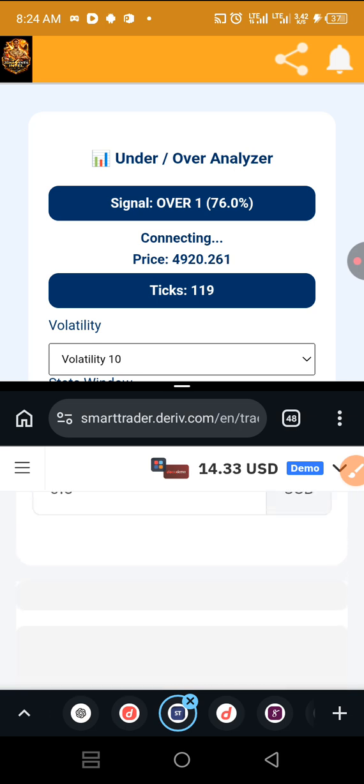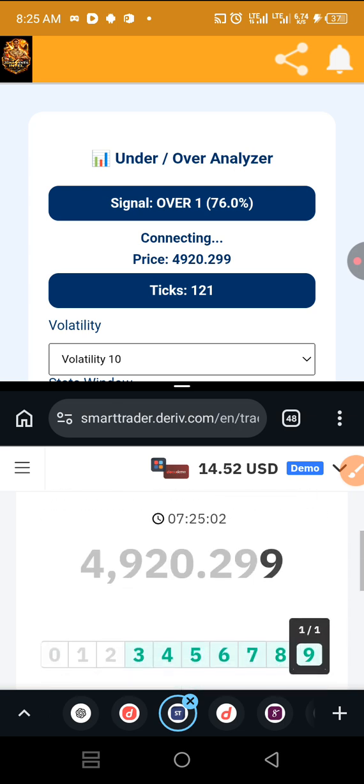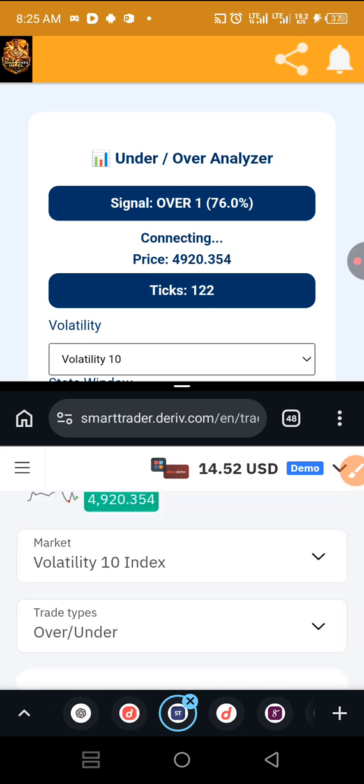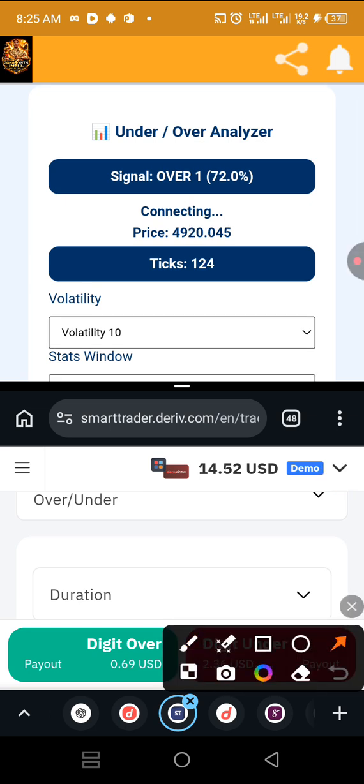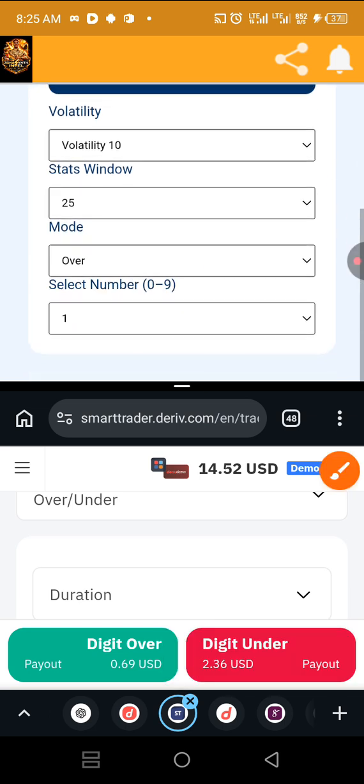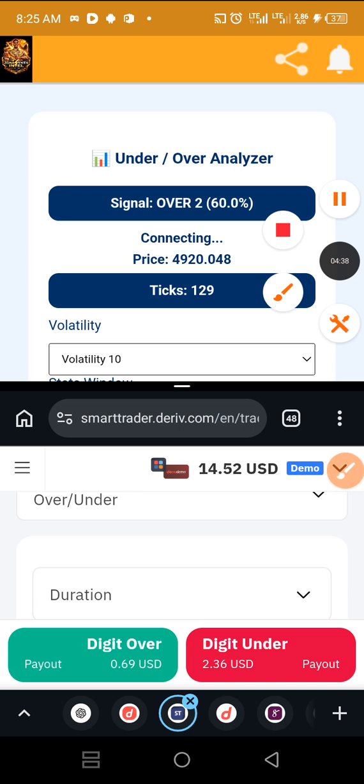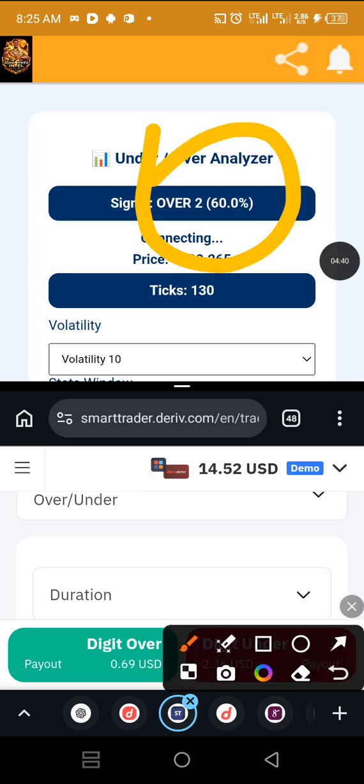We are waiting for 0, 1 and 2 to move to a higher position, then we enter and it's a win. Don't forget I'm still on over 1. Don't make the mistake. You have to switch to over 2 because the over 1 percentage will be different from the over 2 percentage. Please don't forget. You see over 2 is 60%, which means if over 2 is 60%, under 8 will be like 40%.